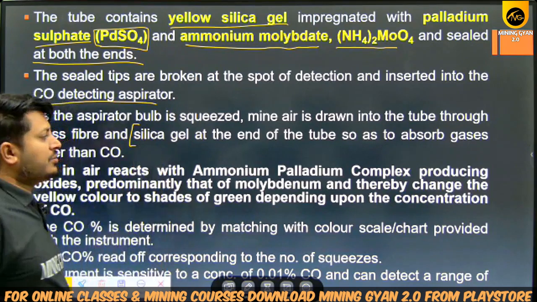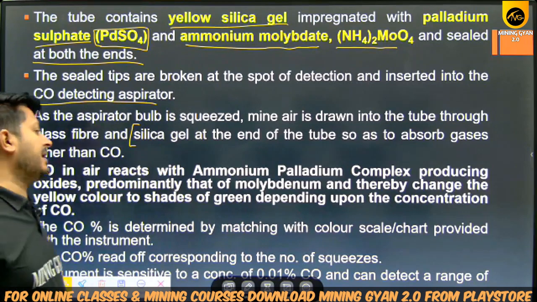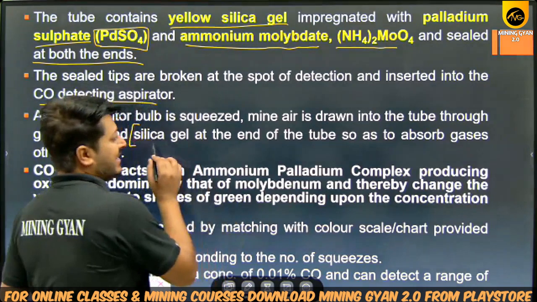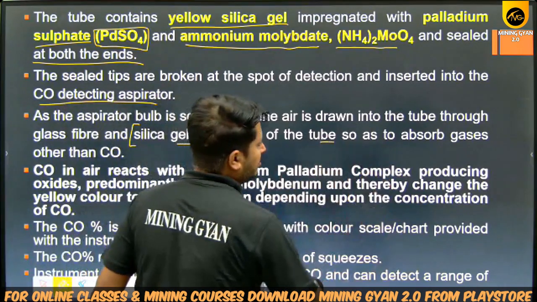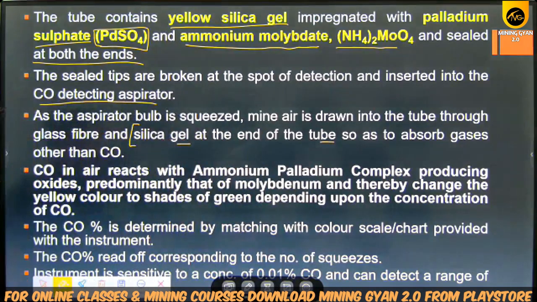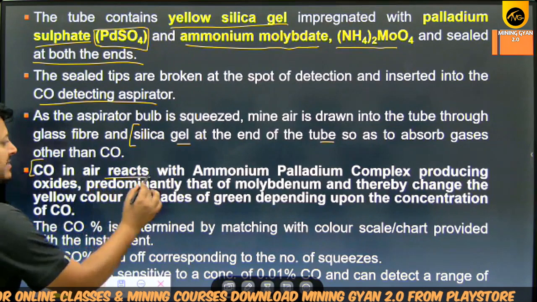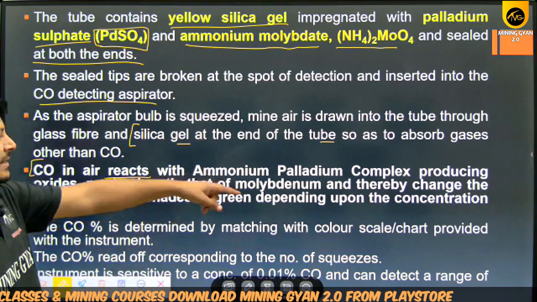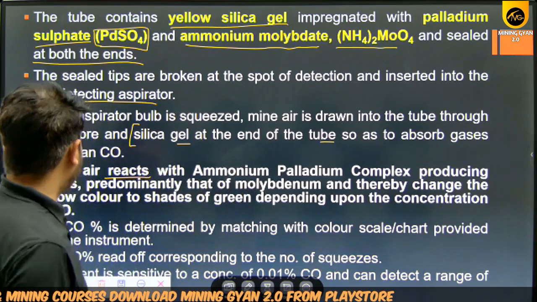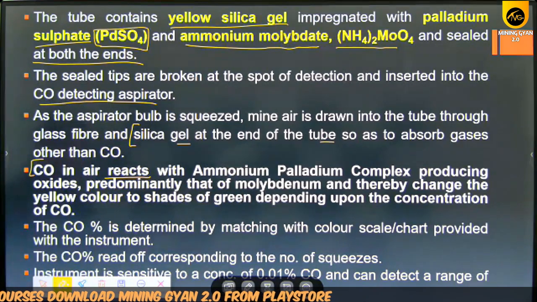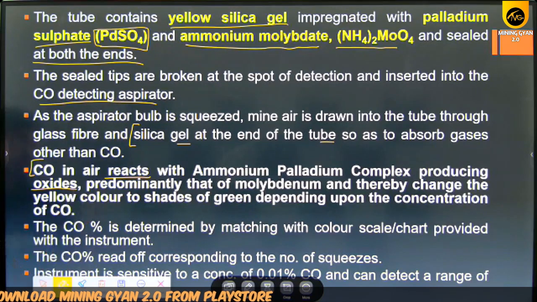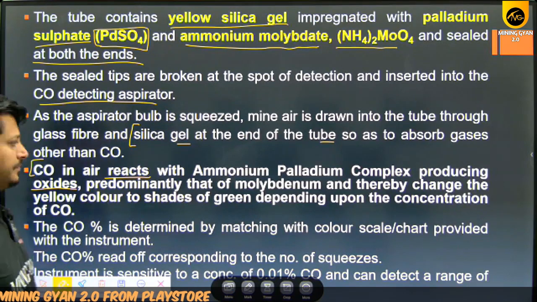What is the use of silica gel? This can also be asked over there. The silica gel at the end of the tube is there to absorb the gases other than CO. Now the CO in air reacts with the ammonium palladium and produces complex oxides.